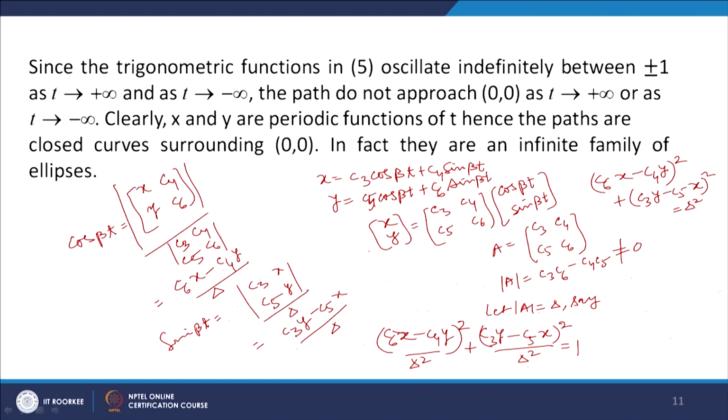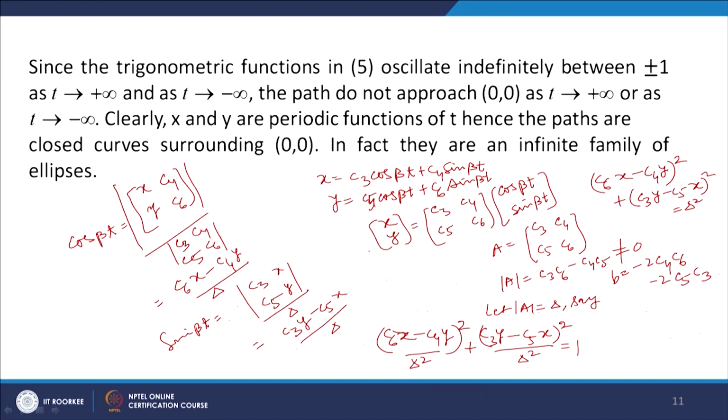So, the coefficient of xy in the first expression is minus 2 C4 C6. Here the coefficient of xy is minus 2 C5 C3. The coefficient of xy we are denoting by b.